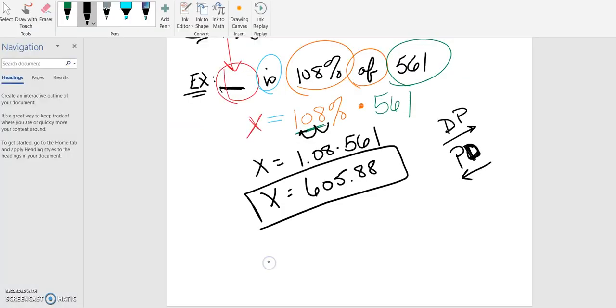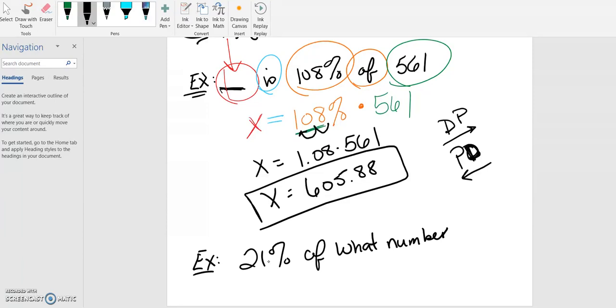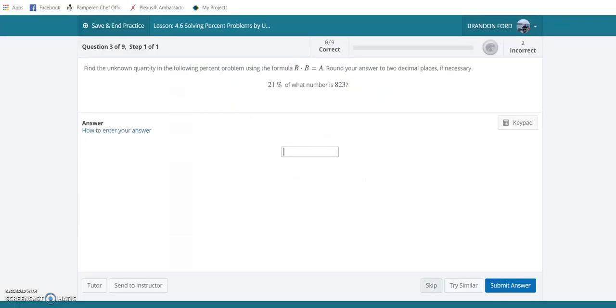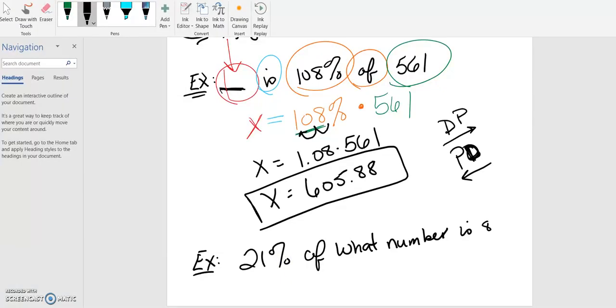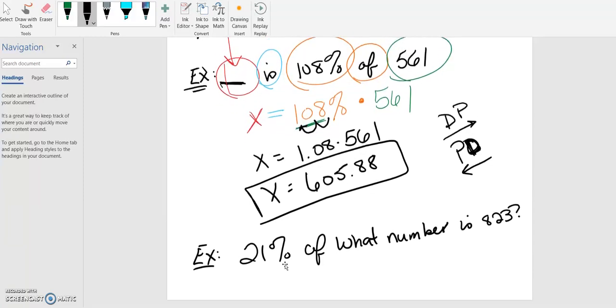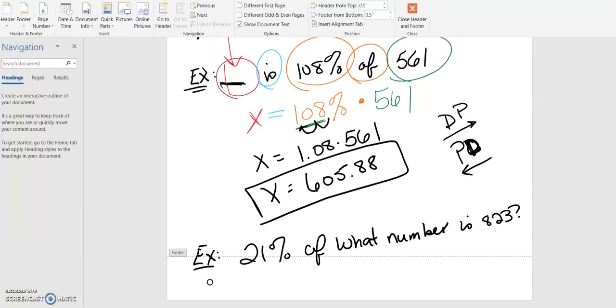So 21% of what number is, and that number is 823. Well, before we do any R times B equals A or anything like that, we need to get it to where we can convert this.